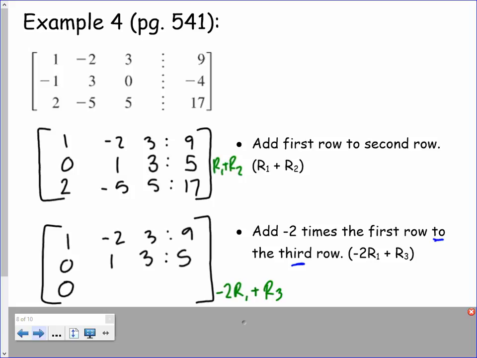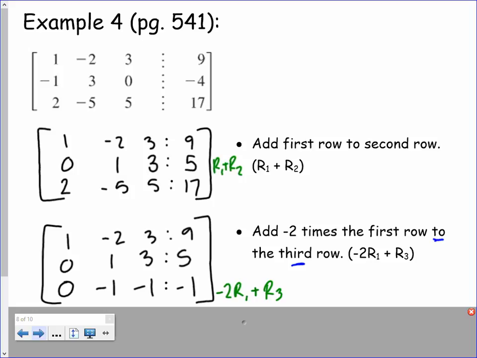Negative 2 times negative 2, positive 4, plus negative 5, negative 1. Negative 2 times 3 is negative 6 plus 5, negative 1. And negative 2 times 9 is negative 18, plus 17 is negative 1. Okay, well, I'm liking what I see there because now I have a 0 and then a negative 1.